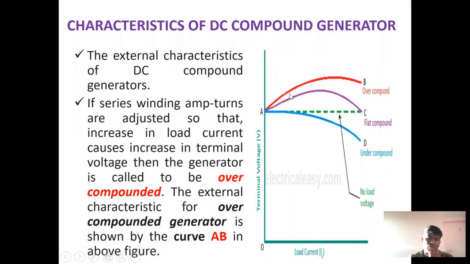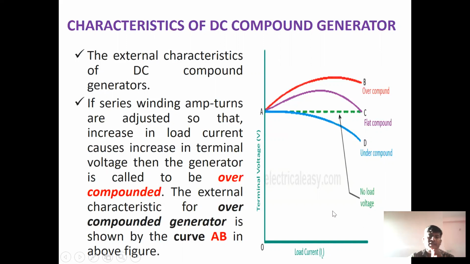The terminal voltage is then more than the constant voltage value, the saturation value. That's why this curve is nothing but the over compound generator characteristics.